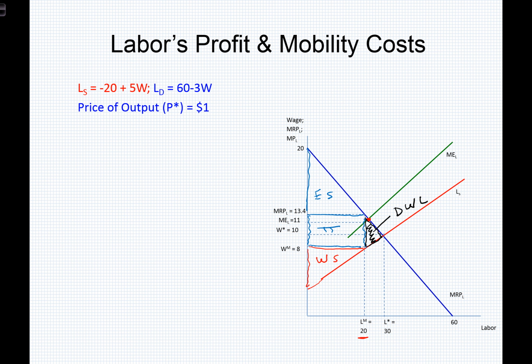And in this case, that monopsony structure yields a difference between W star and the WM, and that probably is our mobility cost. So in this case, 10 minus 8, or 2, being our mobility cost.